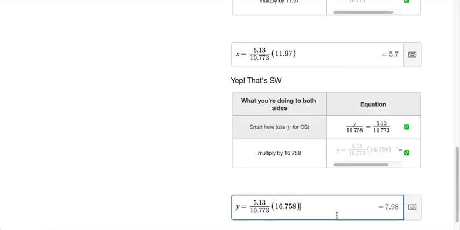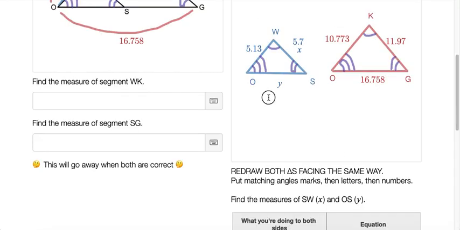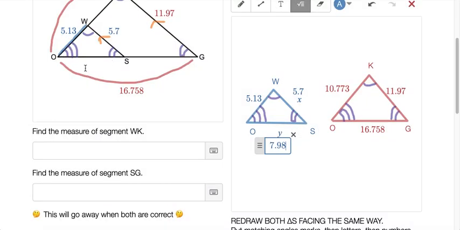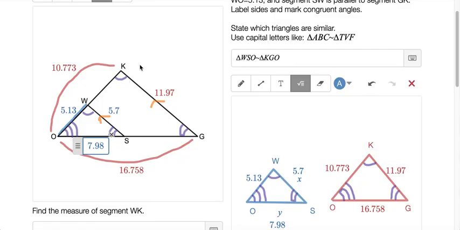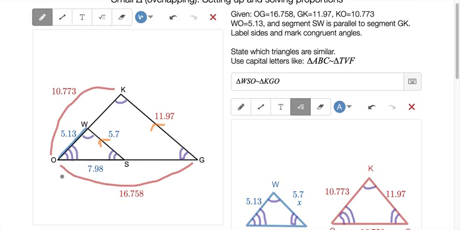Let the calculator tell you that that is 7.98. So y is 7.98. That goes from O to S. From O to S is 7.98. So I'm going to label that and then kind of highlight it also.